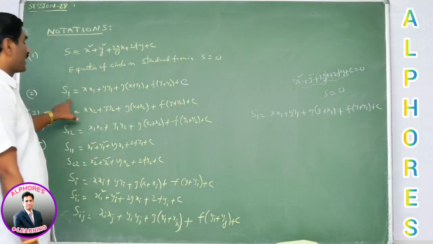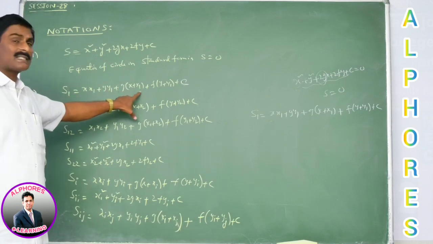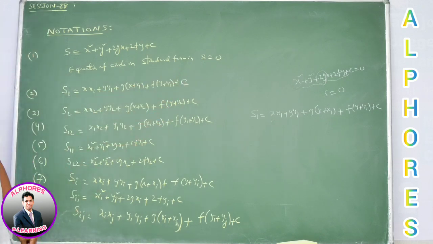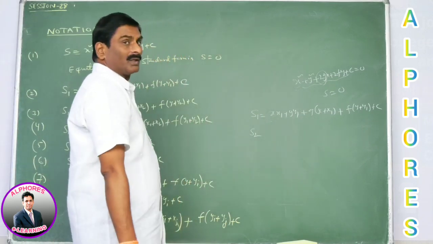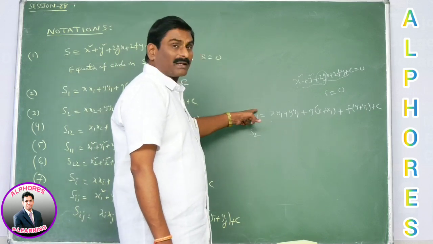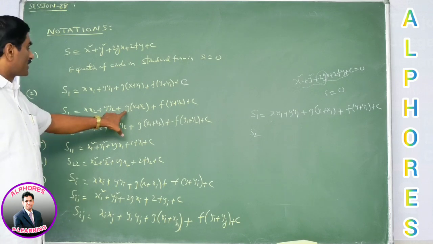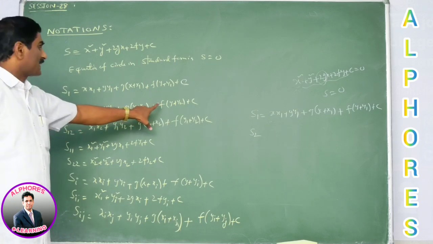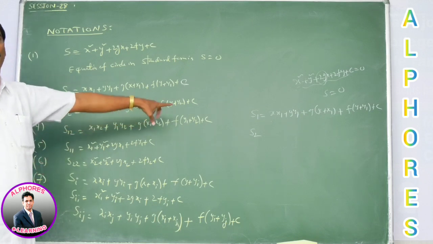Okay. Similarly, S2: 1 can be replaced as 2. That means xx2 + yy2 + g(x + x2) + f(y + y2) + c. Similarly S3, S4: replace 2 by 3, xx3 + yy3 + g(x + x3) and so on.